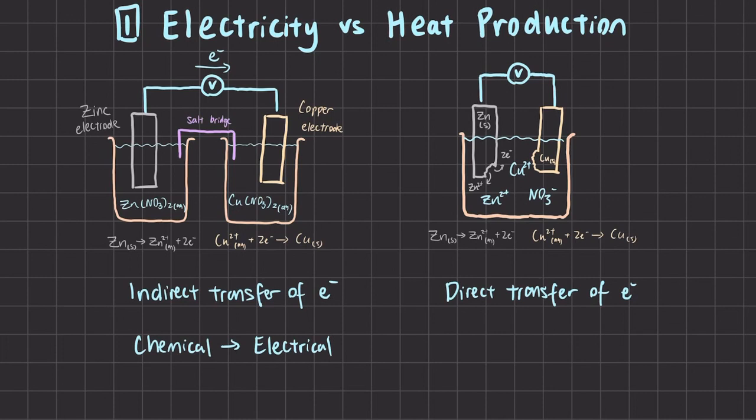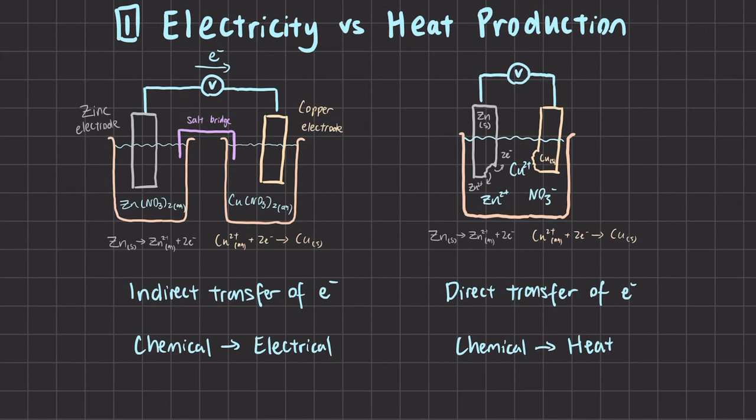And since the electrons in the second case aren't traveling in a wire or a circuit, there's no electrical energy produced. And instead, we have heat energy, which is expected because this is an exothermic reaction. And in fact, all spontaneous reactions in a galvanic cell are exothermic reactions.